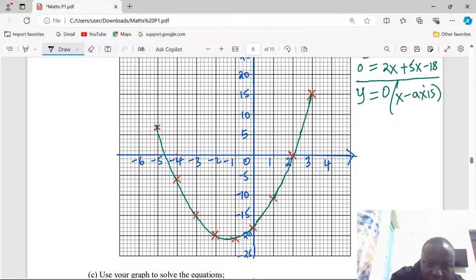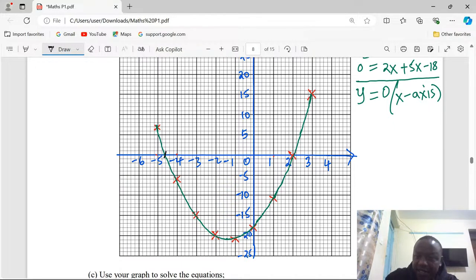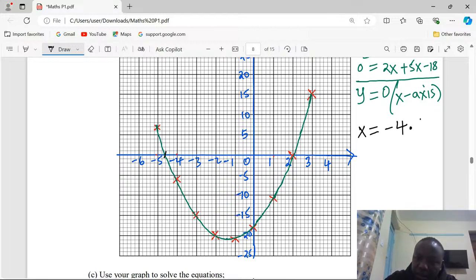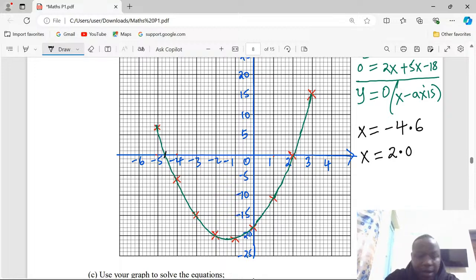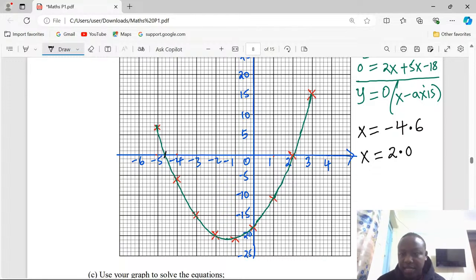Those are going to be points negative 4.6, so x equals negative 4.6, and also x equals positive 2. Remember, at positive 2, the curve passes. So that is how we are supposed to solve such a question.